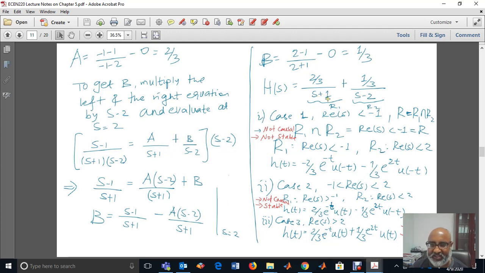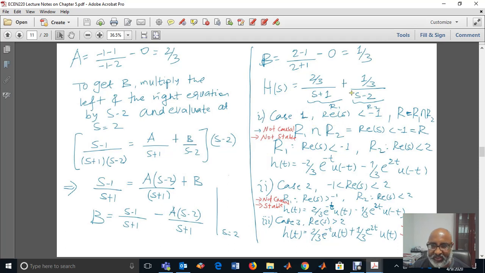When the region of convergence is greater than minus 1, it will be a right-sided signal. When it is less than minus 1, it will be a left-sided signal. And this one also has 2 possibilities. When the region of convergence is greater than 2, it is right-sided, and when it is less than 2, it is left-sided. Now let's take the first case.